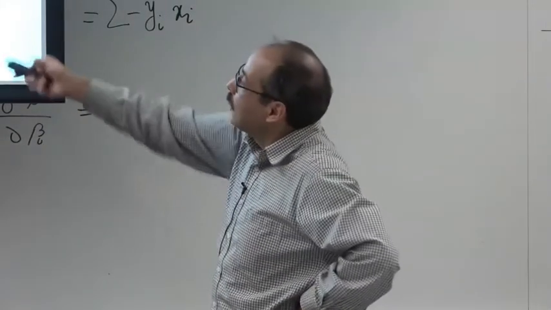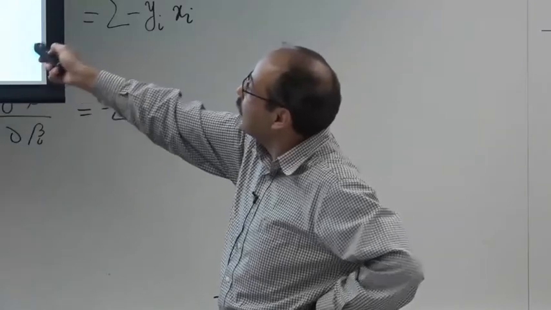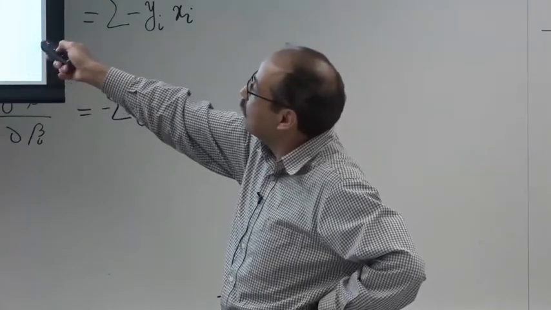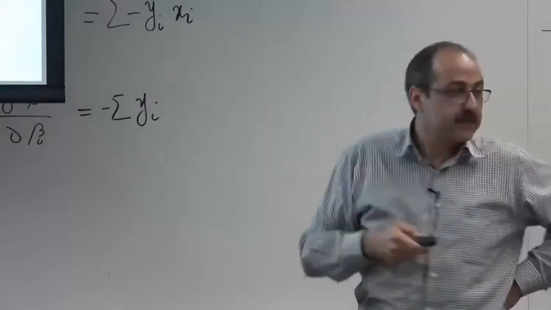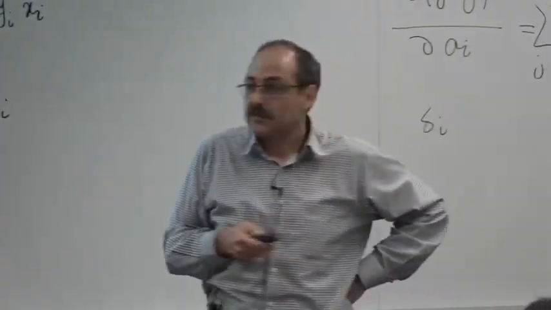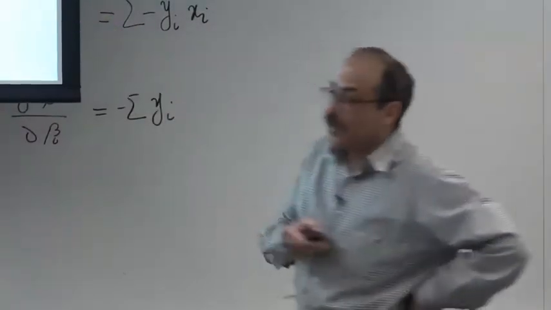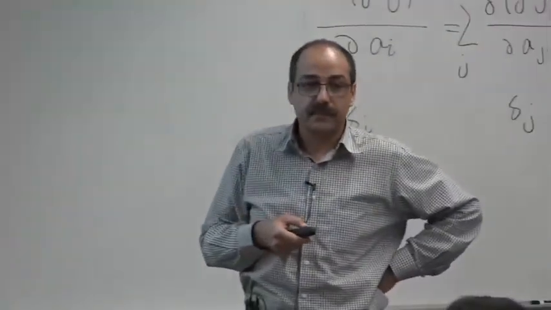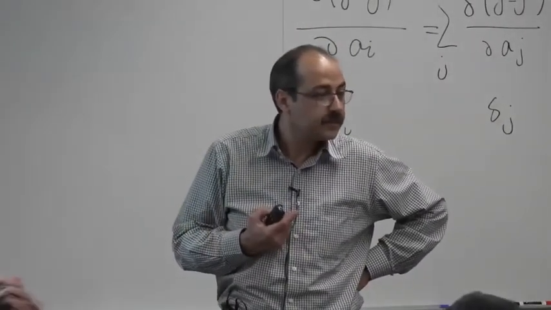So I write AJ with respect to AI, AJ with respect to ZI, and then ZI with respect to AI. AJ with respect to ZI is what? UJI. Simply UJI. And what is ZI with respect to AI? Derivative of that function.